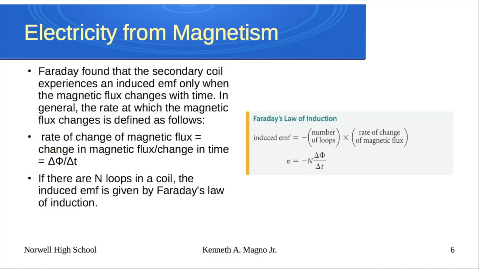He found that the rate of change of flux, the change in flux per unit time, times a certain number of loops, gave a certain EMF. There was a negative in there, which we'll talk about in a second. It's in this thing called self-induction. So the induced EMF, which we use this funny looking E for, is equal to negative N change in phi over change in time. This whole piece together is known as the rate of magnetic flux.